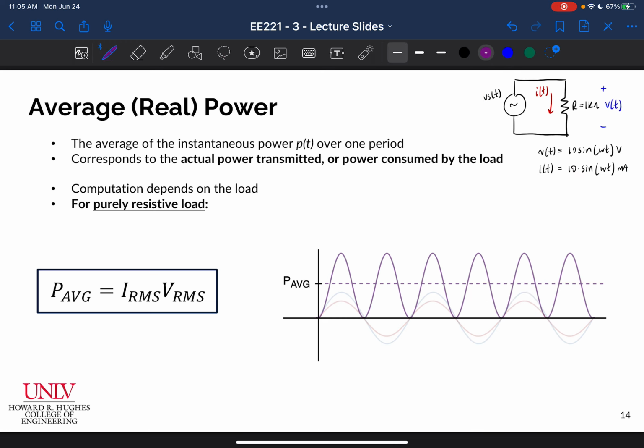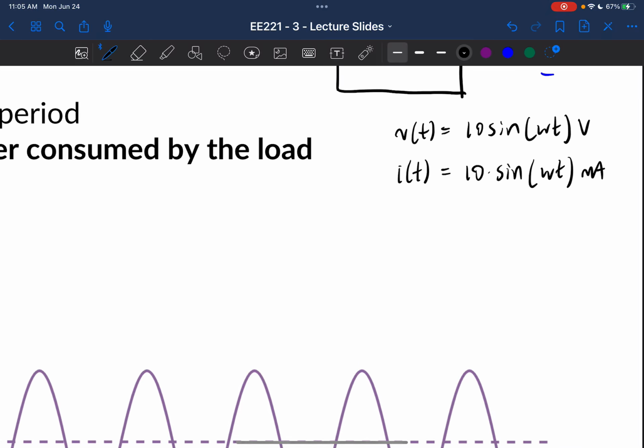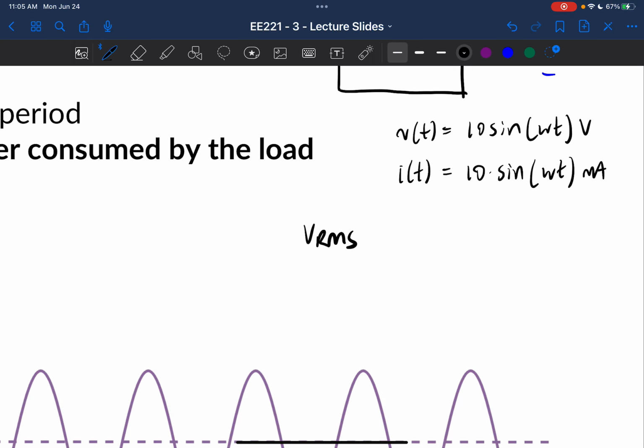So if we want to find V_RMS, we know that the voltage is just a sine wave, so it has a peak value of 10 volts. So the RMS value is going to be 10 divided by the square root of 2 volts RMS, which is the value that we got previously from our general sine wave RMS derivation.